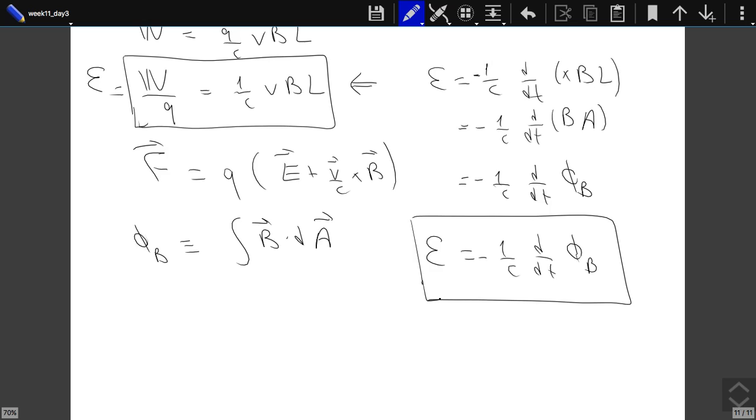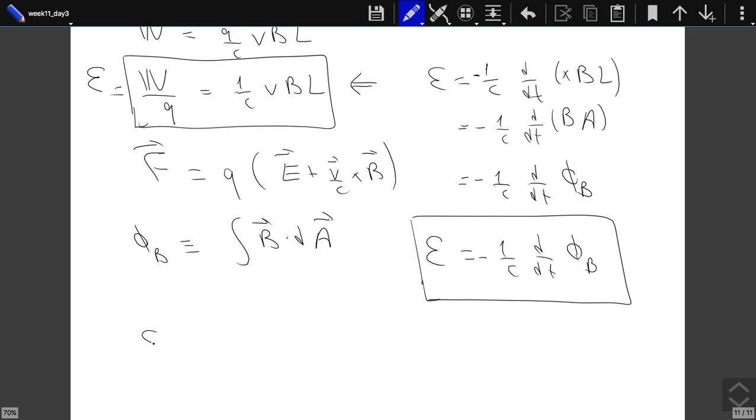Well, if that is the case, let's just consider a region in which the B field is changing, and let's assume an area that is fixed in time. In that case, the EMF, the work done on a charge, is due to the electric fields. Magnetic field cannot do any work.